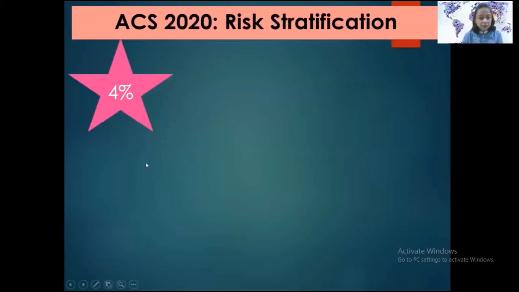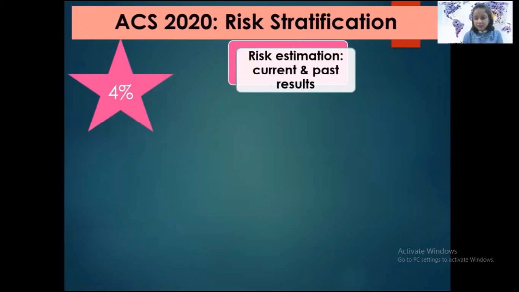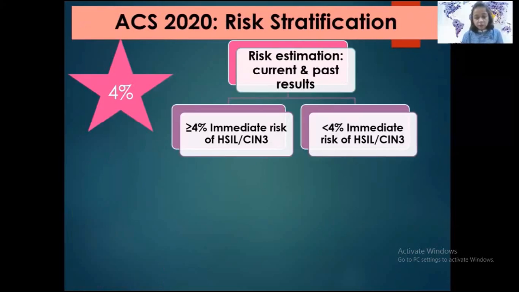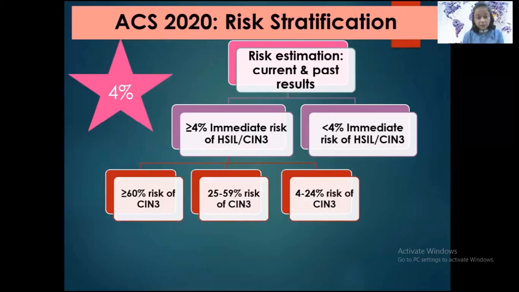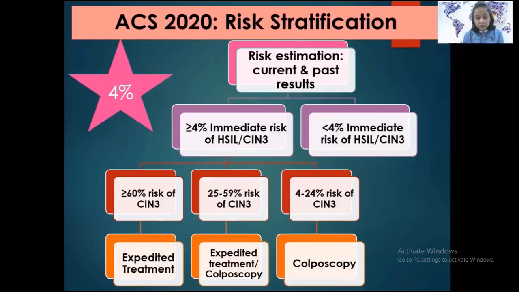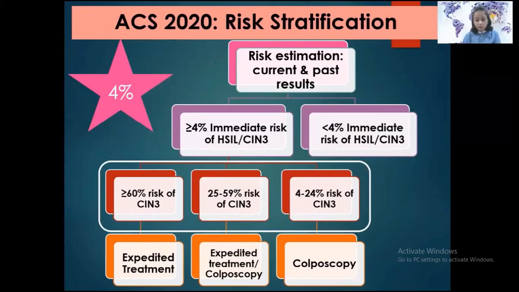So this 4% is the magic figure for the risk stratification according to the ASCCP guidelines, and risk estimation is done based on the current and the past screening results. And we determine whether the risk is more than or less than 4%. If it is more than or equal to 4%, then colposcopy and expedited treatment are given as the options depending upon the individual risk values.